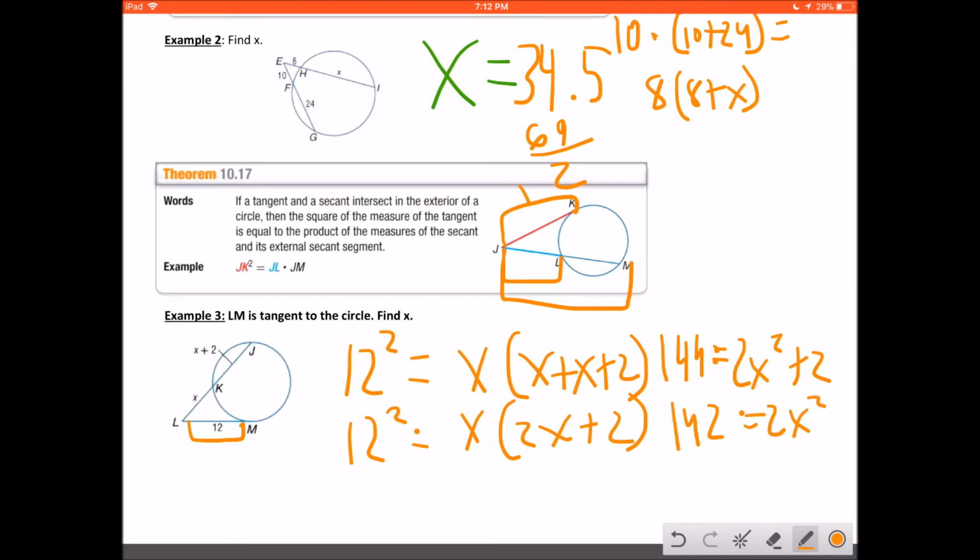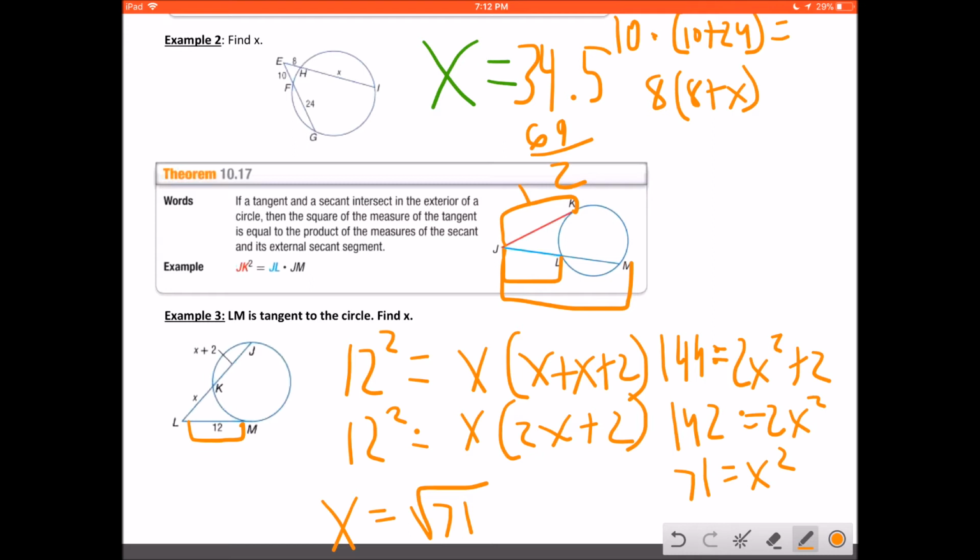Divide by 2, and you get 71 equals x squared. Take the square root, and x equals the square root of 71. I don't think you can simplify that any further, so that's how you do it.